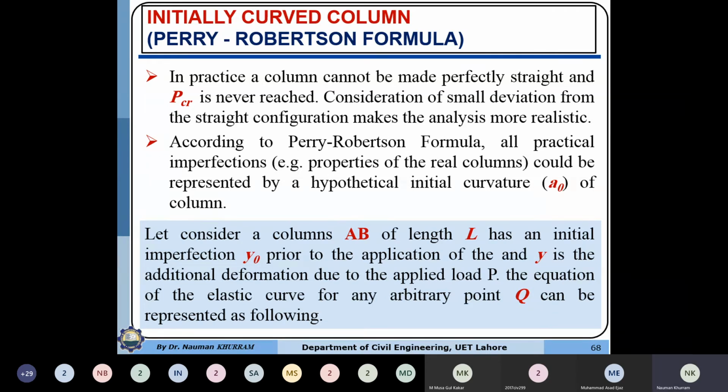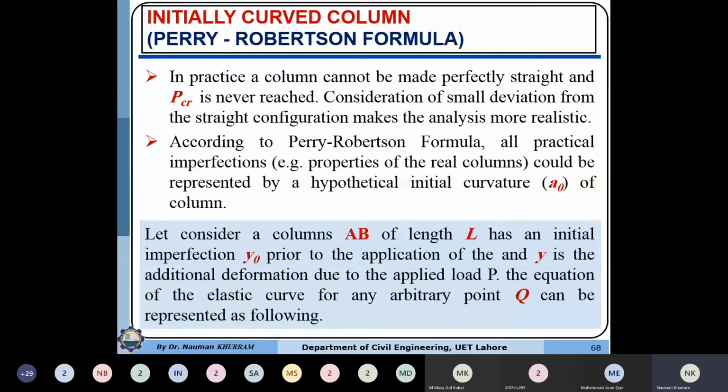And then we have seen that if the column has certain imperfection, so what type of imperfection did we consider? Non-accidental first. Non-accidental means the eccentric load, if the load is not passing through the center line of the column. In that case, we have seen that if there is an eccentric load acting on the column, then the critical load is much lesser than the Euler critical load.